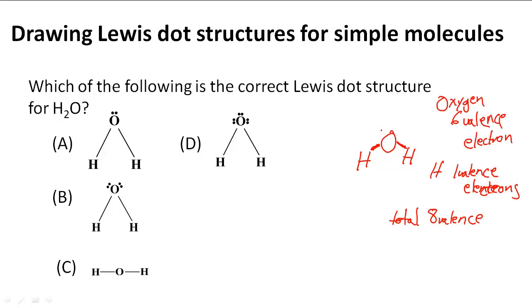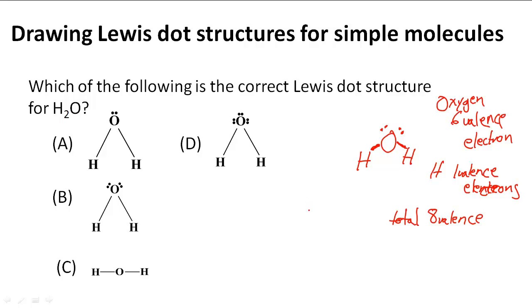So we draw them as pairs of dots: 1, 2, 3, 4. They're not being shared or connected to anything else, and they're happy where they are. So we have 1, 2, 3, 4, 5, 6, 7, 8. Notice that oxygen is very happy because it has 8 valence electrons around its valence shell, and H usually gives up an electron, so it's happy, and this H also is happy because it's given up an electron.